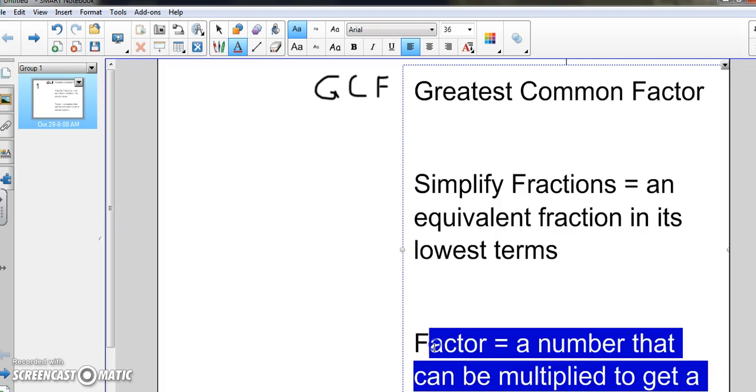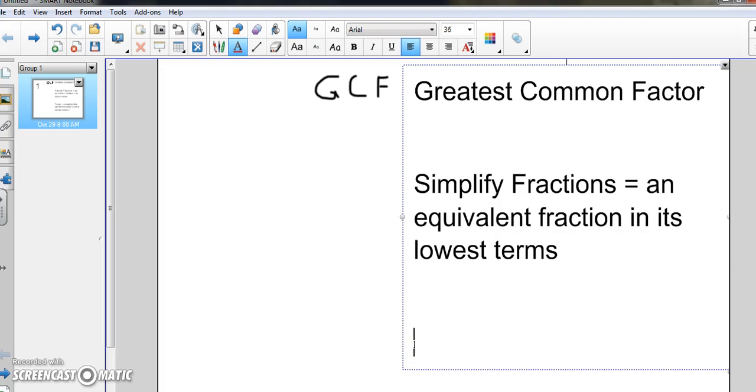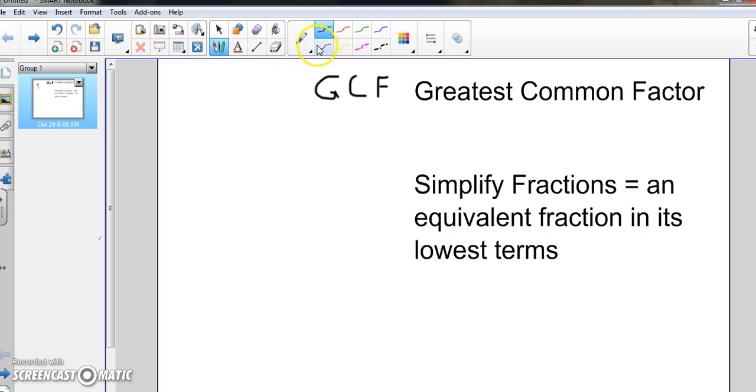So we're going to look at simplifying and finding the greatest common factors of a couple numbers here. We're going to start off with the greatest common factor of 12 and 16.